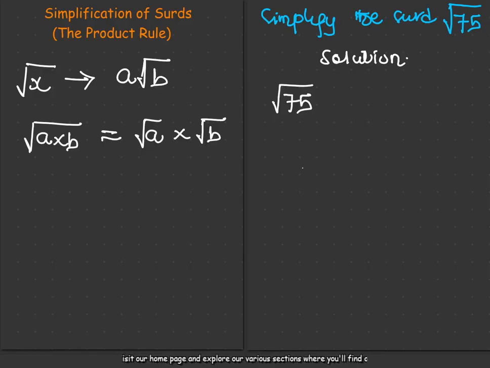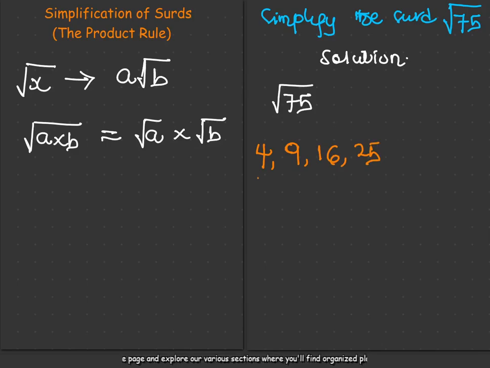When we say perfect square, we mean the numbers whose square roots give us counting numbers or rational numbers. For instance, 4 is a perfect square. 9 is also a perfect square, and then we have 16 and 25.